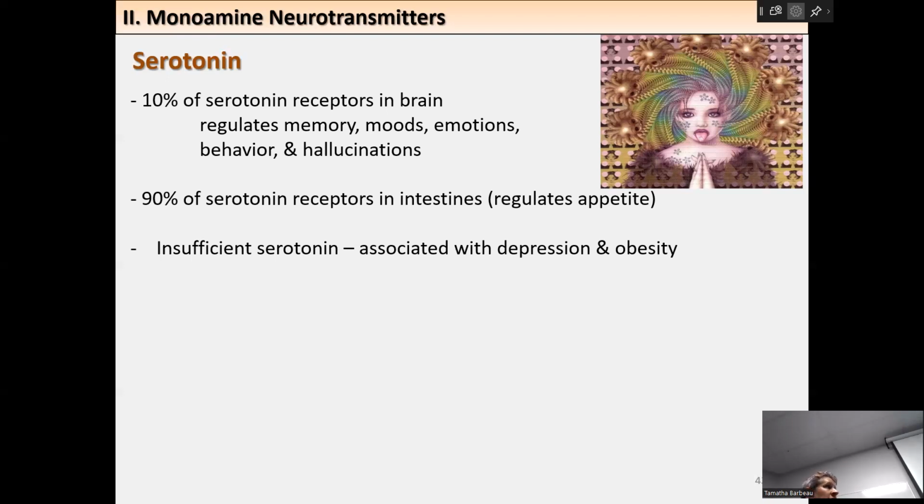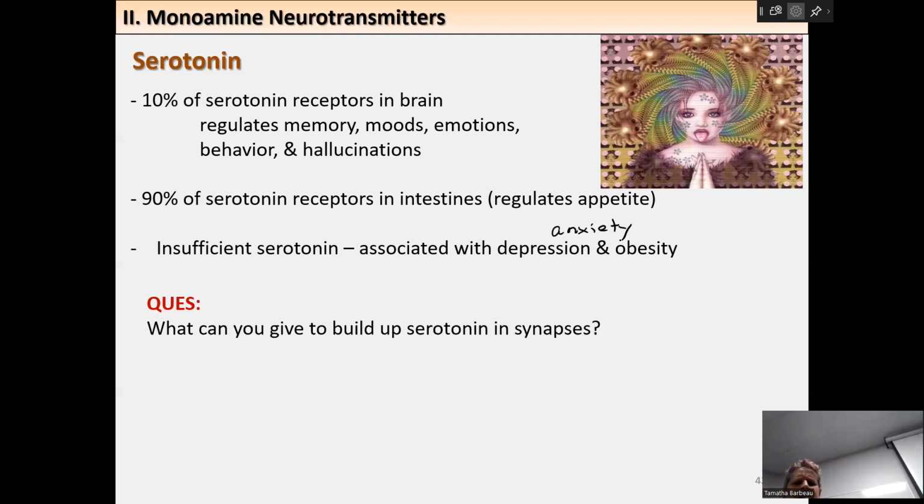Low serotonin is associated with depression, anxiety, I'll add that, and obesity, that I did not bring up before, because serotonin plays a role in appetite in the GI tract, although we don't know exactly how.